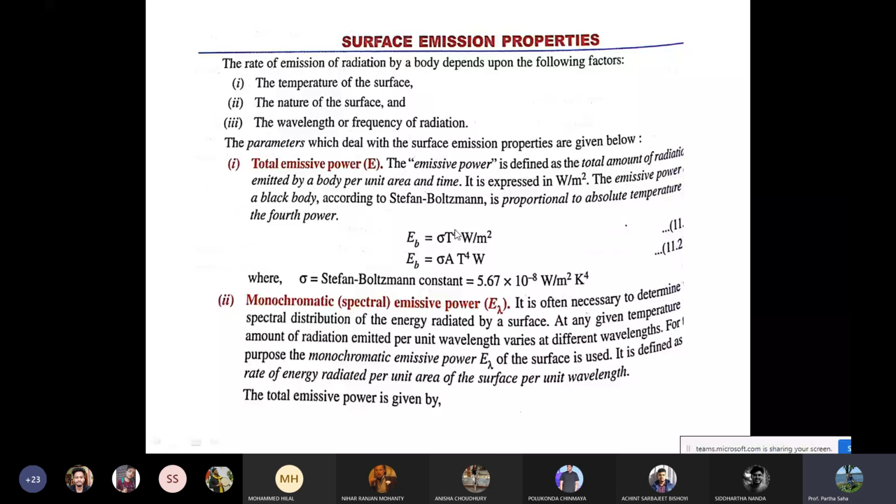The emissive power of a black body, according to Stefan-Boltzmann, is proportional to the absolute temperature: E_b is proportional to sigma T to the power 4, where sigma is a constant known as the Stefan-Boltzmann constant, 5.67 times 10 to the power minus 8 watt per meter squared Kelvin to the power 4. One more thing: the temperature in the Stefan-Boltzmann law for calculating emissive power is in Kelvin. Make sure when you do any calculation that you convert the temperature.